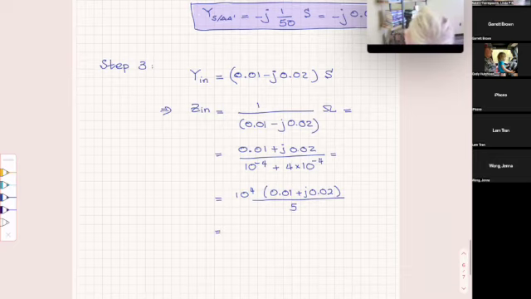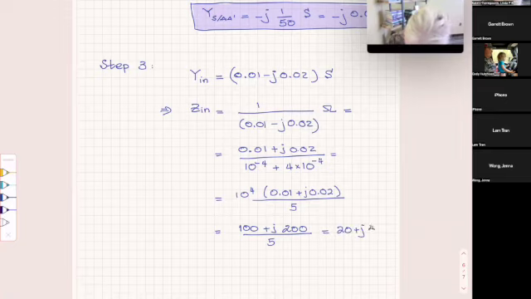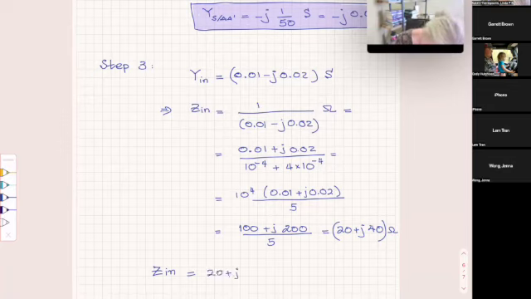That is 100 plus j 200 divided by 5, which is 20 plus j 40 ohms. So practically the input impedance is 20 plus j 40 ohms.